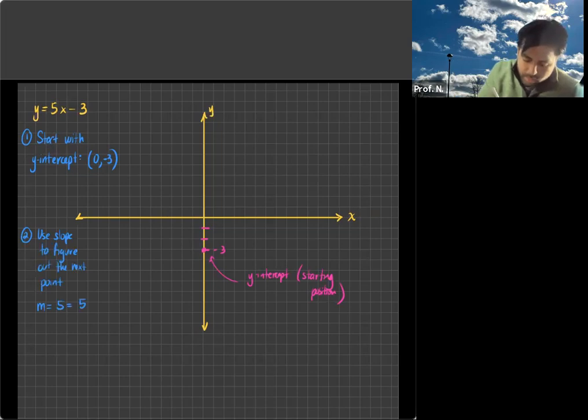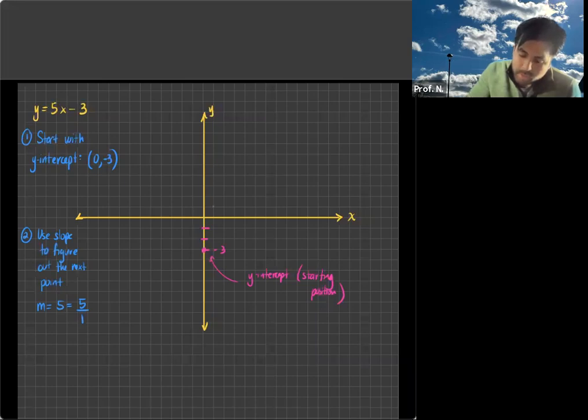So this is 5 over 1. This is positive, so 5 represents how much I move up in the y direction, and 1 represents how much I run over in the x direction. So from negative 3, this will be 1, 2, 3, 4, 5. That's how much I move up in the y direction, and then I move over 1.